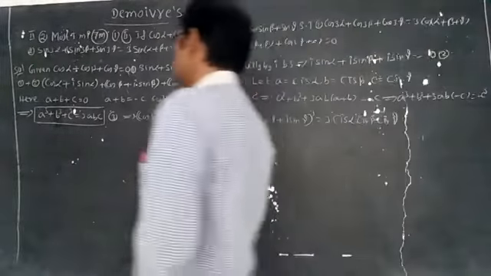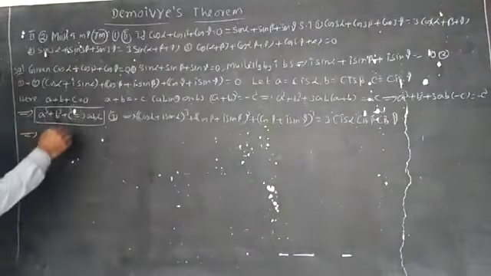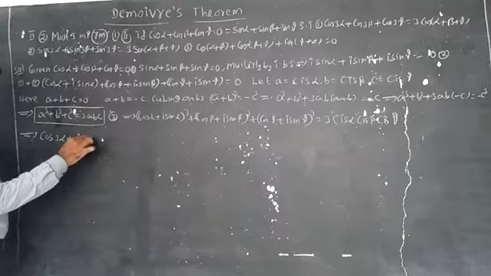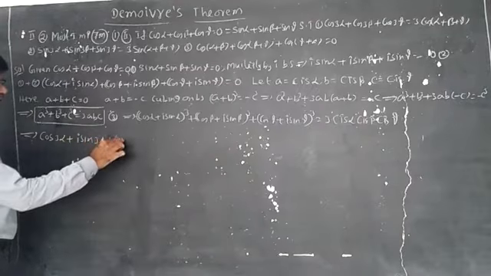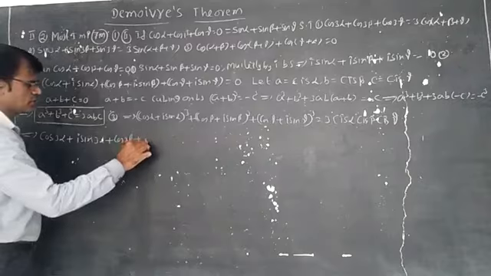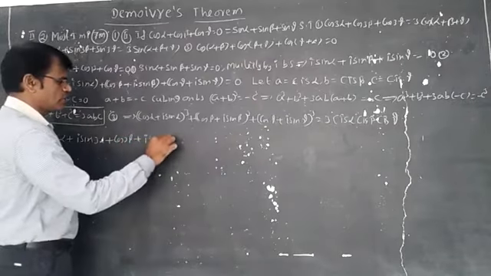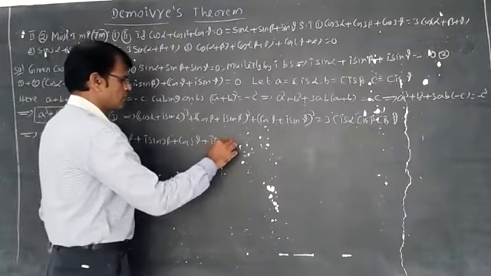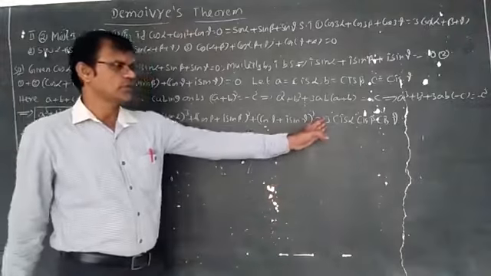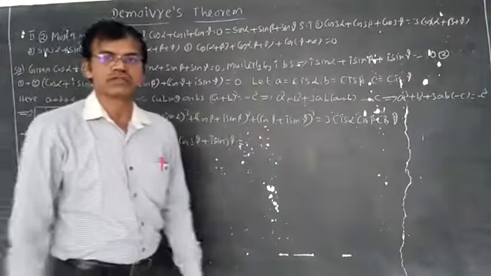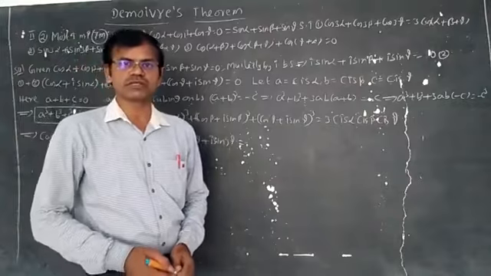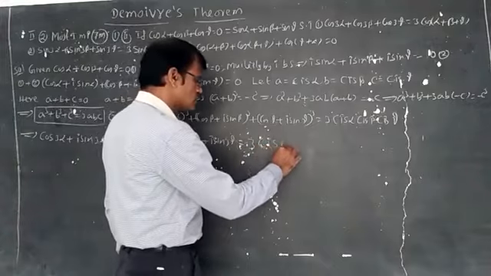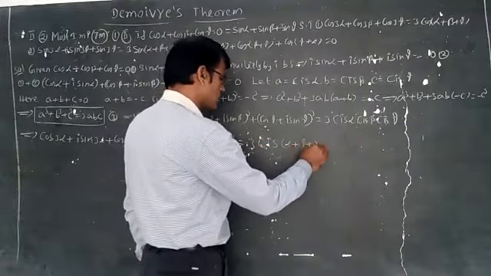According to De Moivre's theorem, you can write cos 3 alpha plus i sin 3 alpha plus cos 3 beta plus i sin 3 beta plus cos 3 gamma plus i sin 3 gamma is equal to 3 cis alpha cis beta cis gamma. The formula: cis alpha into cis beta into cis gamma is equal to cis of alpha plus beta plus gamma. So write 3 into cis of alpha plus beta plus gamma.